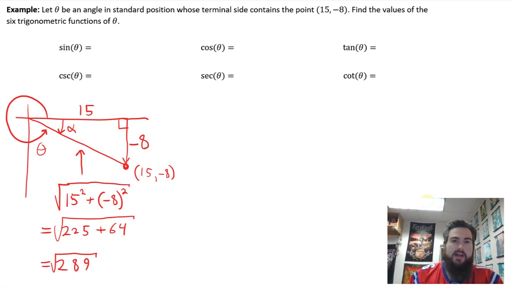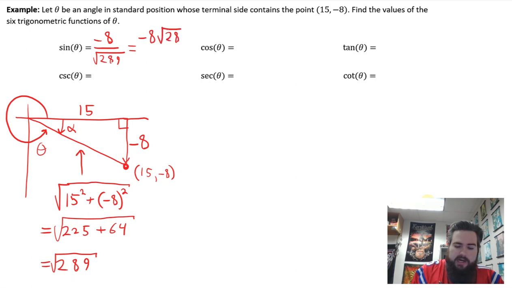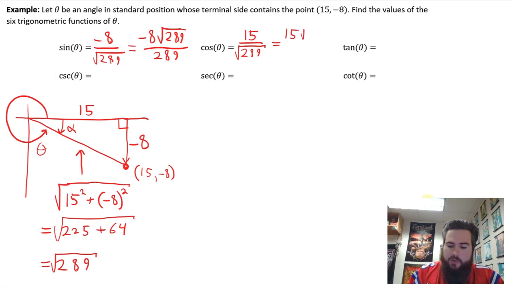Sine of theta for this triangle representation would be the opposite over the hypotenuse, so that would end up being negative 8 over the square root of 289, or if rationalized, negative 8 times the square root of 289 divided by 289. Cosine would be the adjacent side compared to the hypotenuse, so that would be 15 over the square root of 289. Or again, if rationalized, 15 times the square root of 289 over 289.